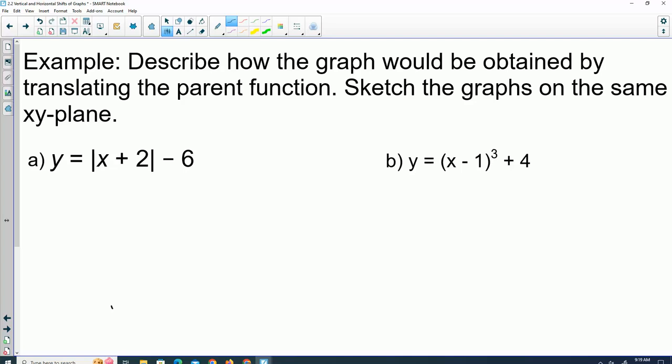All right, so on A, what is my parent function? Absolute value, the V. So absolute value of 0 is 0. 1, 1. 2, 2. Negative 1, 1. Negative 2, 2.